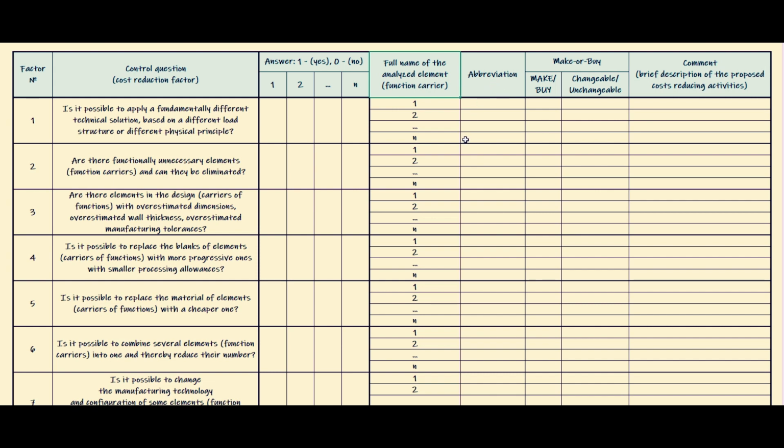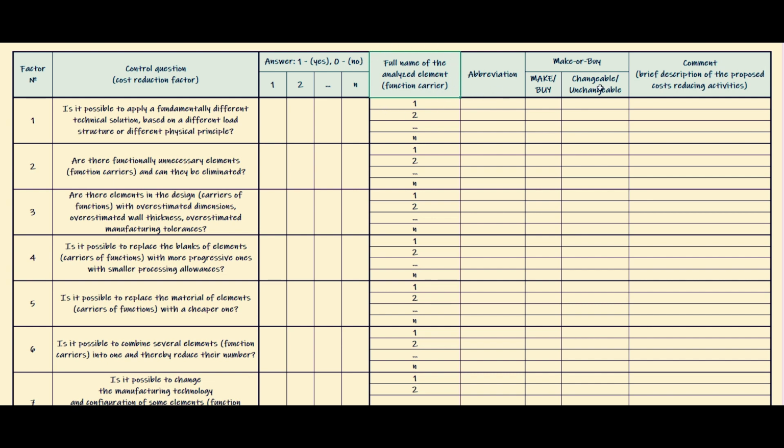The only thing that has been changed in the table shown on the screen, compared to the existing publications on the topic of MFR, is terminology. Since we are considering the MFR in the context of value analysis, the term detail has been replaced by the term element or function carrier that we introduced earlier.